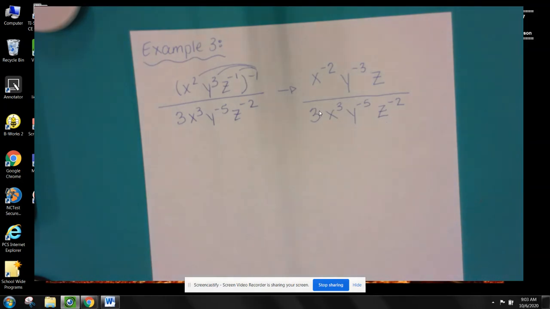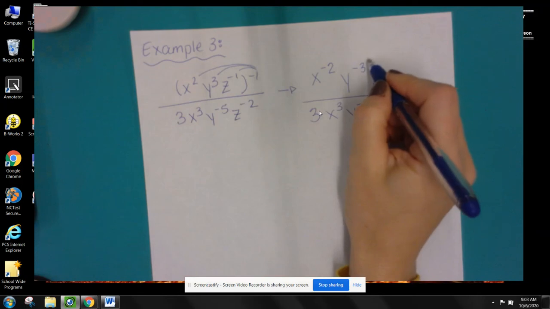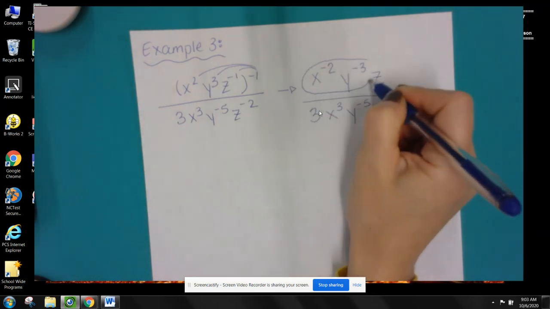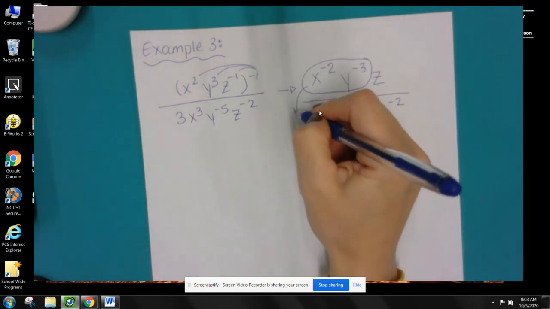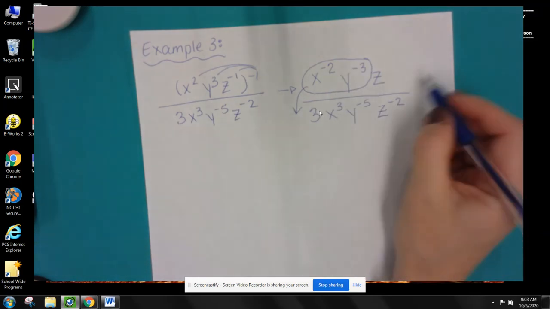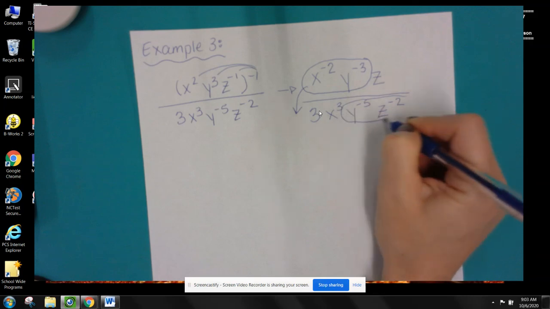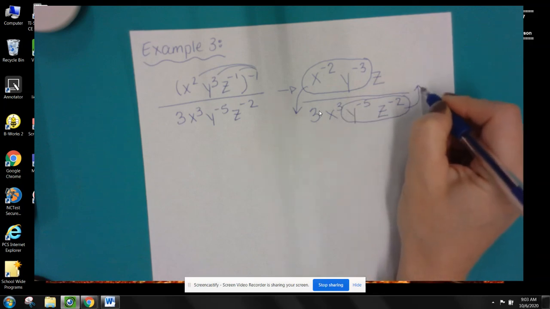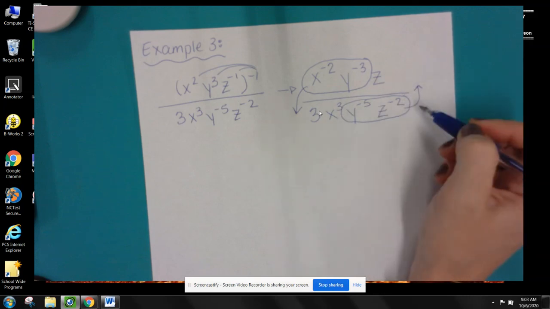So now anything with a negative exponent has to go to the opposite side of the fraction. So both of these pieces in the numerator have to move to the denominator because they both have negative exponents. And then y and z here need to move to the numerator because they both have negative exponents.